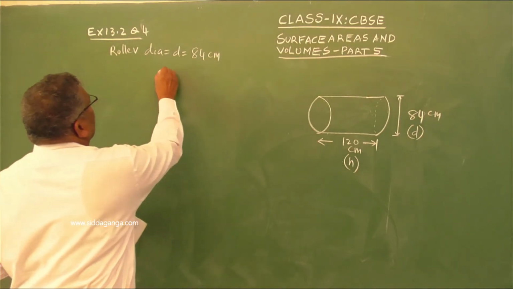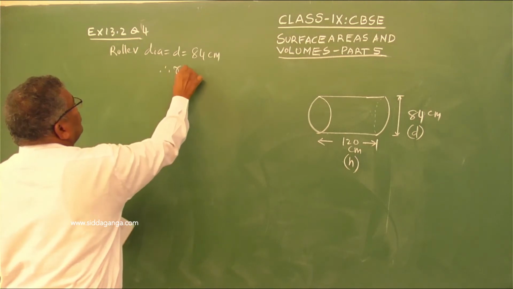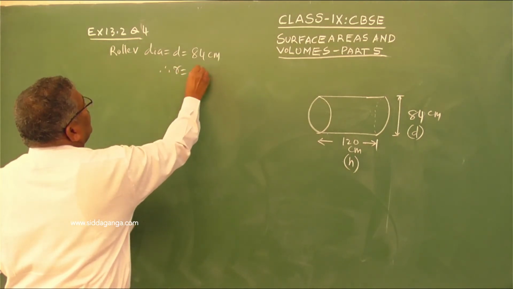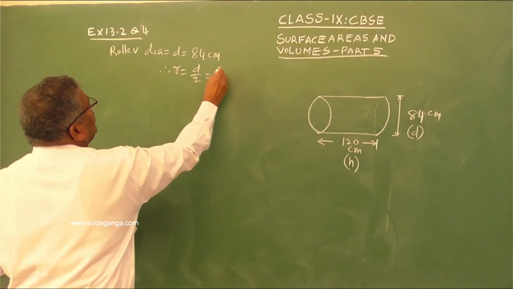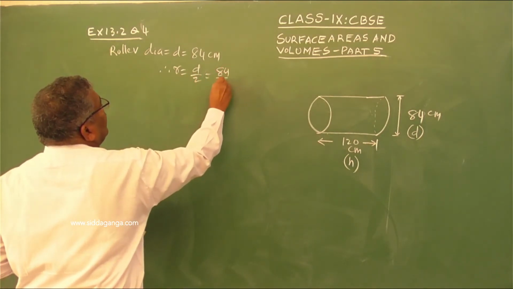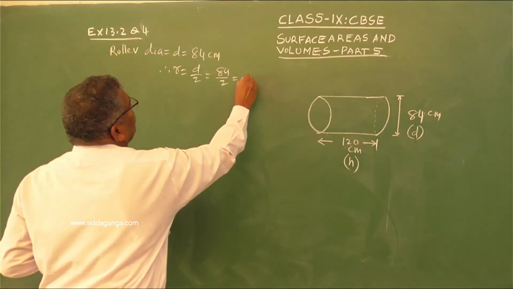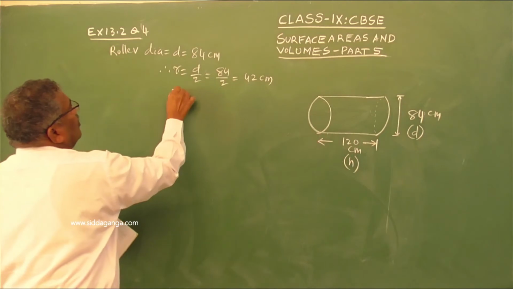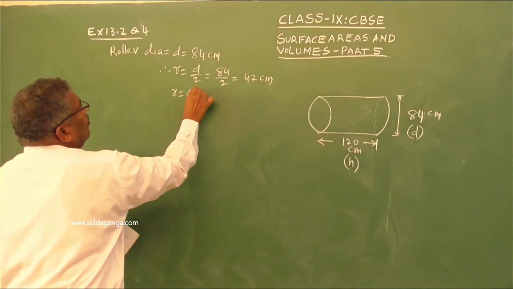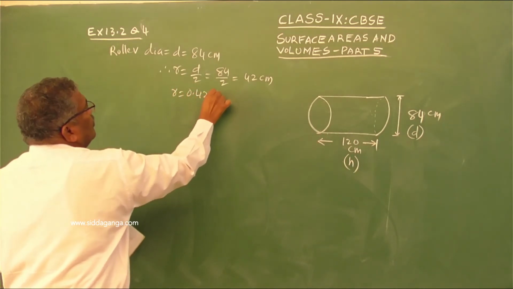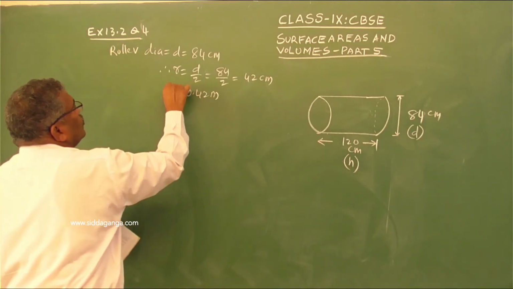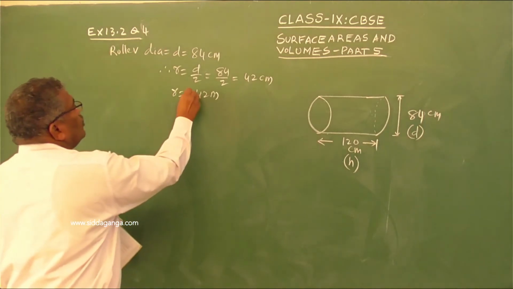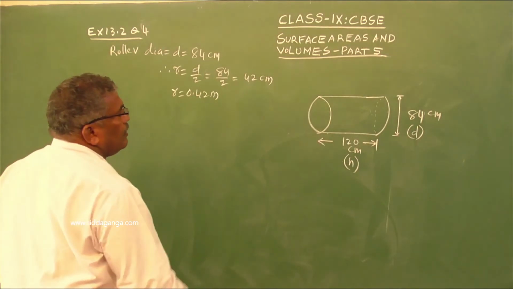So therefore radius we want: this is D by 2, 84 by 2, this is 42 centimeter, or R is equal to 0.42 meter. So let it be in meters. So R is 0.42 meters.